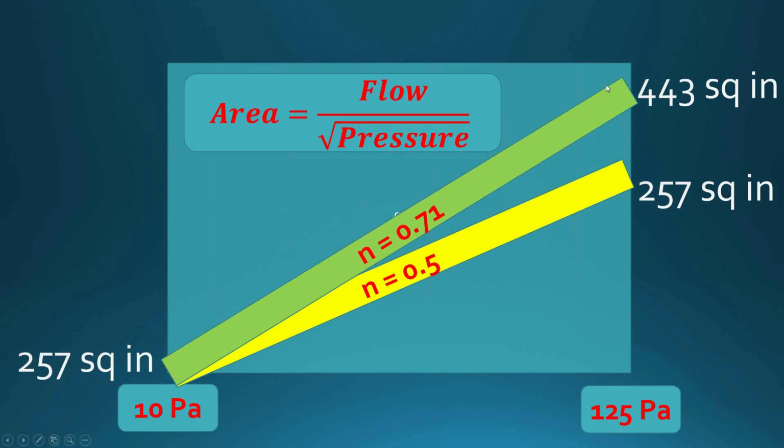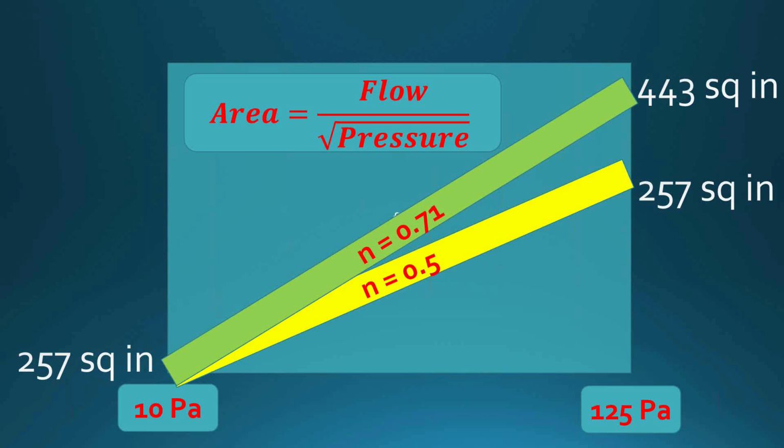What that does is it changes part of the relationship, so flow is, or area is equal to flow divided by pressure, and the combination of the two gives us some kind of a combination exponent that's between 0.5, which is square root, and 1, which is laminar flow. And in this case, the example that we're going to be using today, we have an exponent of 0.71. So that's a little bit more than the square root, but not quite as much as a power of 1.